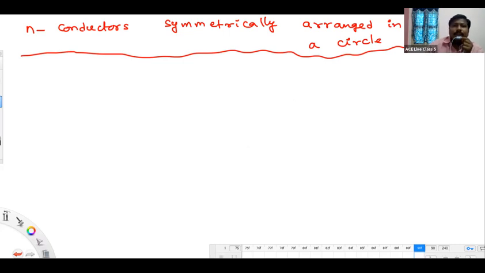See, so I'll show this. We have a circle here, a circle like this.